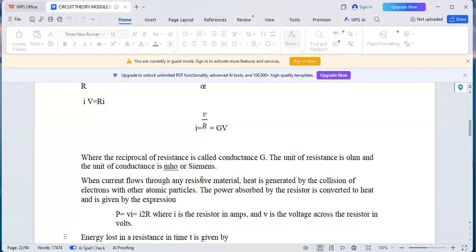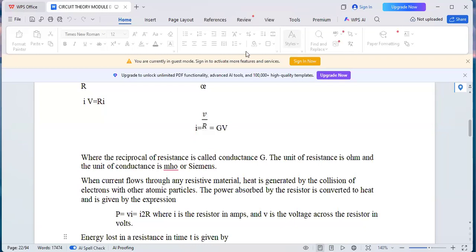And power can also be equal to I square R. It is not I2R, I square R. Where I is the current in amps, okay? And V is the voltage across the resistor in volts. It's current, it's not resistor.